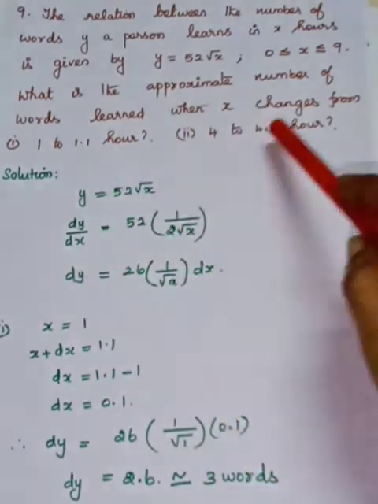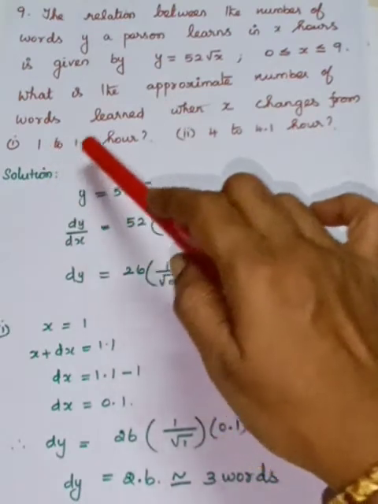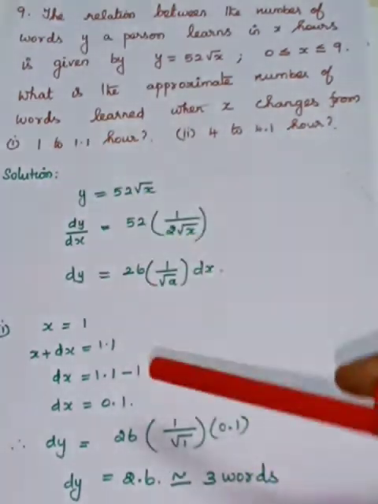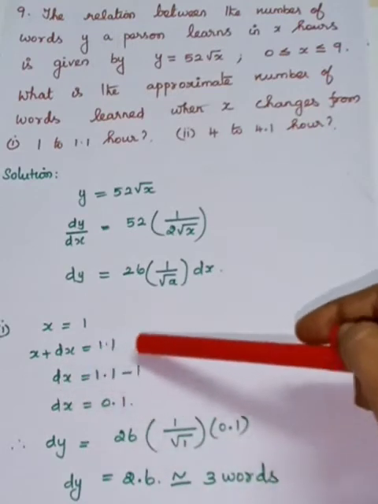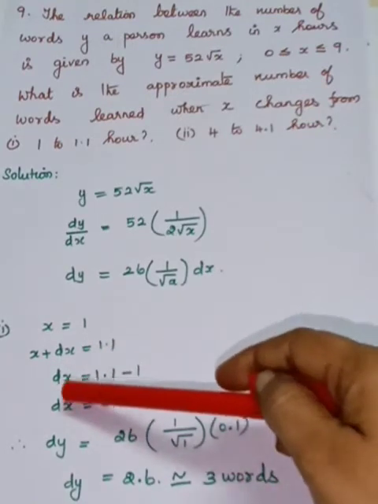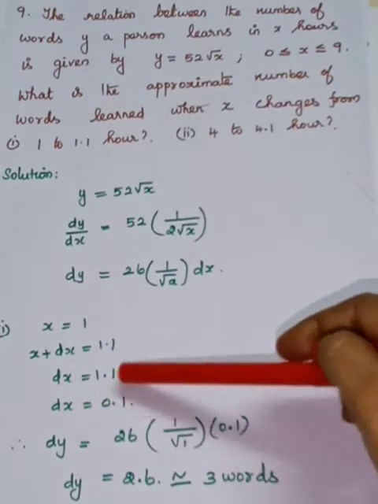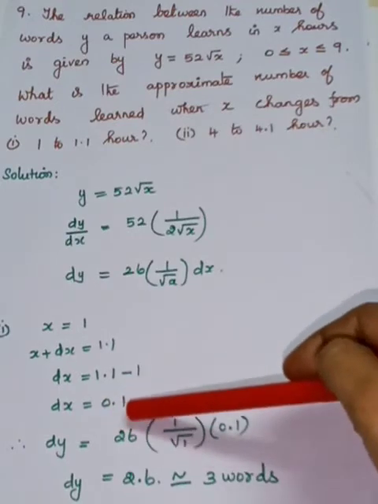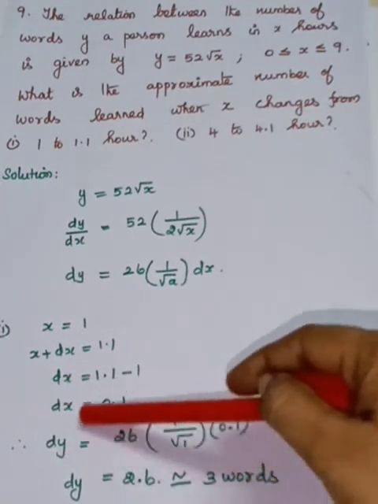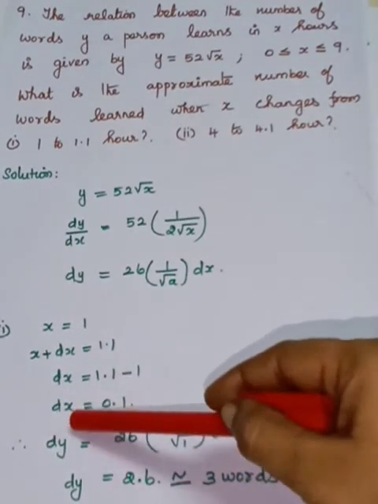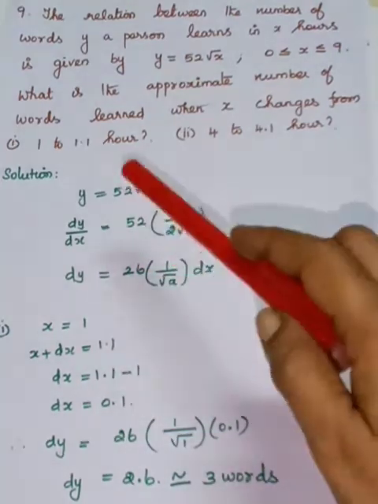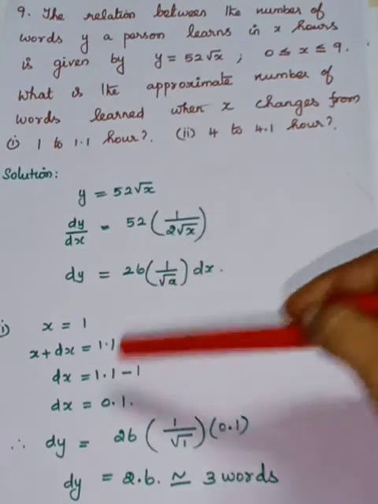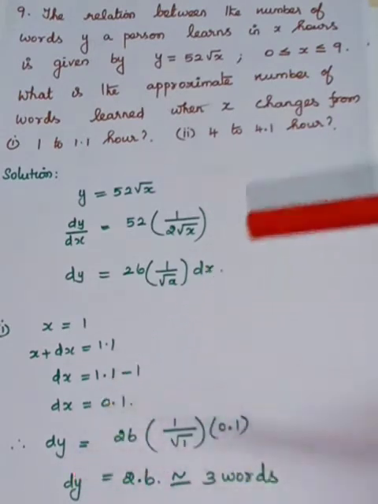See here, x changes from 1 to 1.1 hour. So in the first subdivision, first x is equal to 1, then x plus dx is equal to 1.1. From that, dx is equal to 1.1 minus 1, that is 0.1. That is the change in the time. What is asked? When the time changes from 1 to 1.1 hour, what is the approximate number of words the person learned?